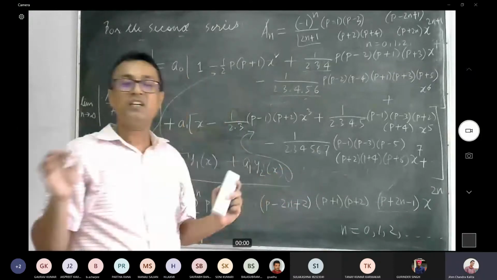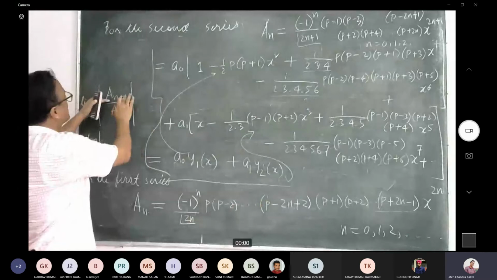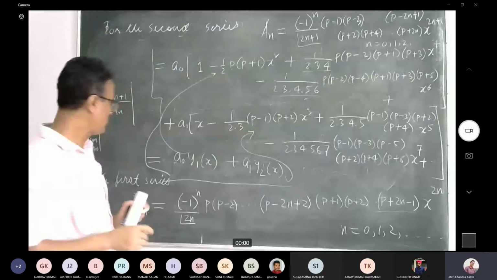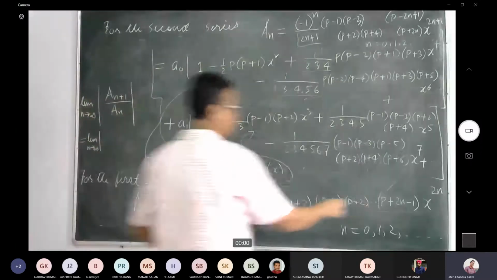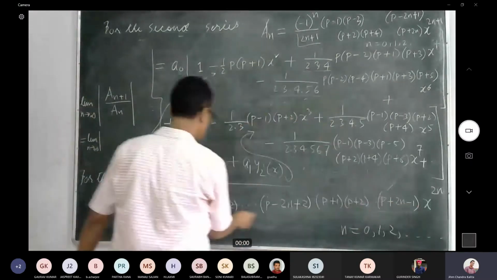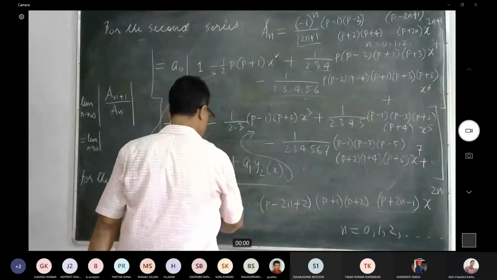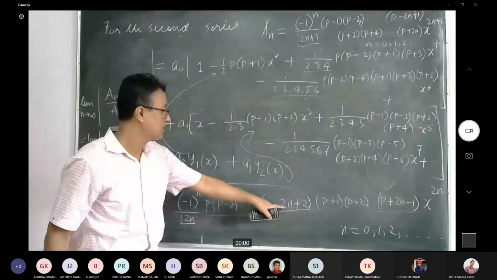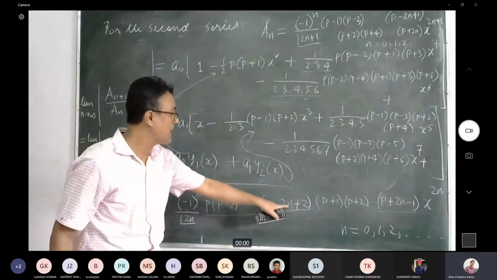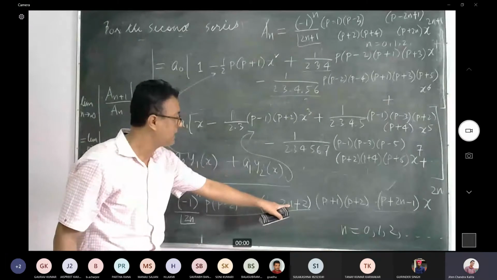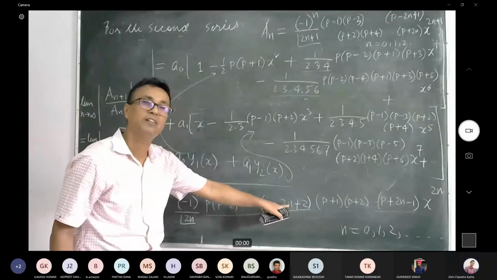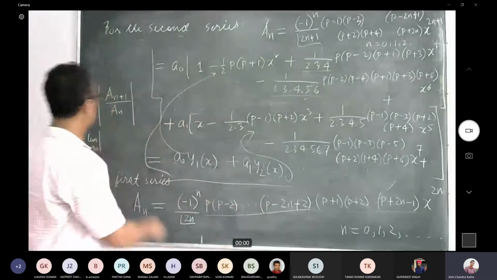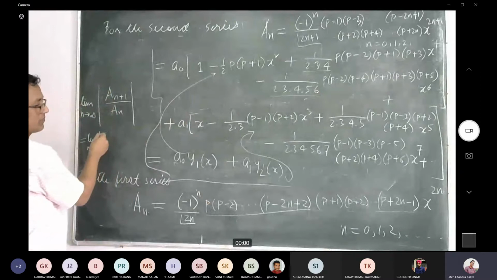Once I plug in the values of a n plus 1 and a n, after cancellation, up to this, all the terms are going to be there. Now if you plug in n plus 1 instead of n, it is going to be minus 2n minus 2, this is going to go out. So that extra term is going to be what?